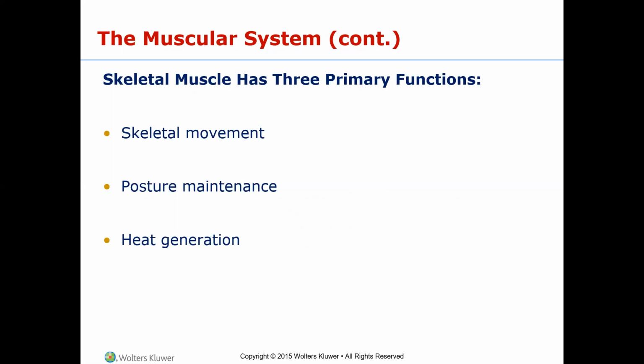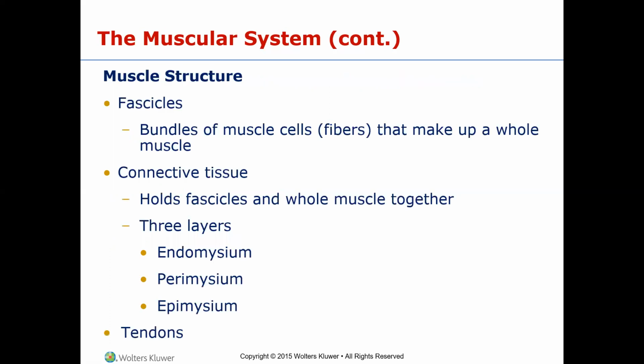So we need some partial muscle contractions in order to provide us some muscle tone and to keep the body in an erect position. And then also our muscles are responsible for generating heat. So when we get cold, our muscles heat up our system by boosting the energy output and having a shivering reaction.